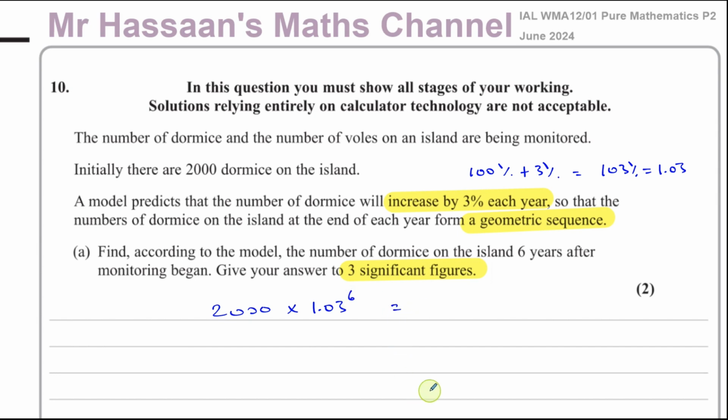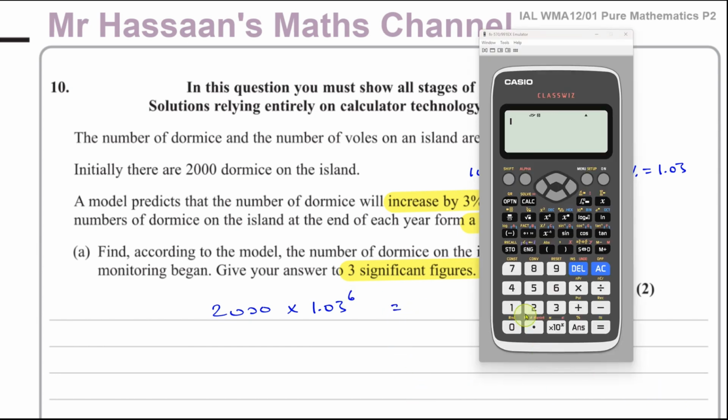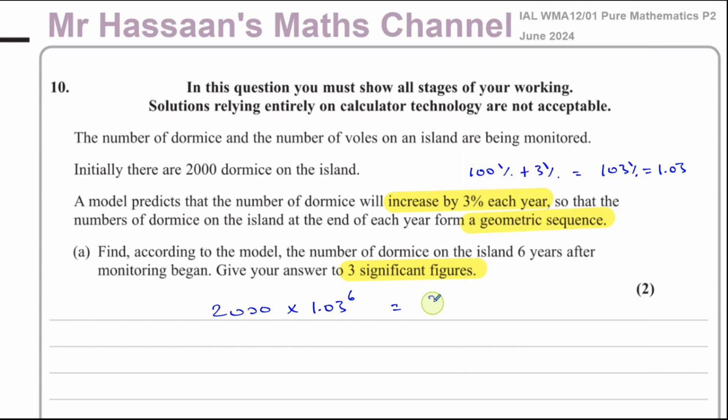So you'll get the answer as 2,000 times 1.03 to the power of 6, which gives you 2,388.104. They want it to 3 significant figures, so you put 2,390. That will be your answer for part A.